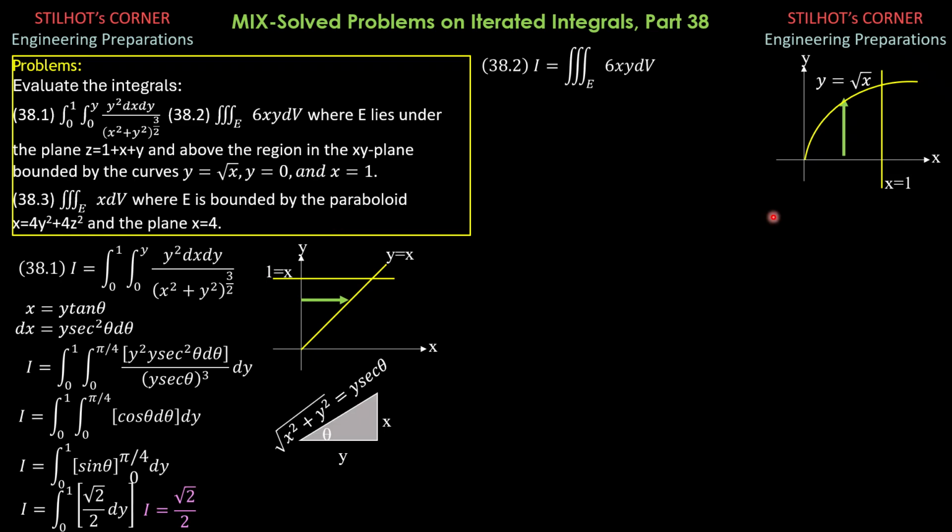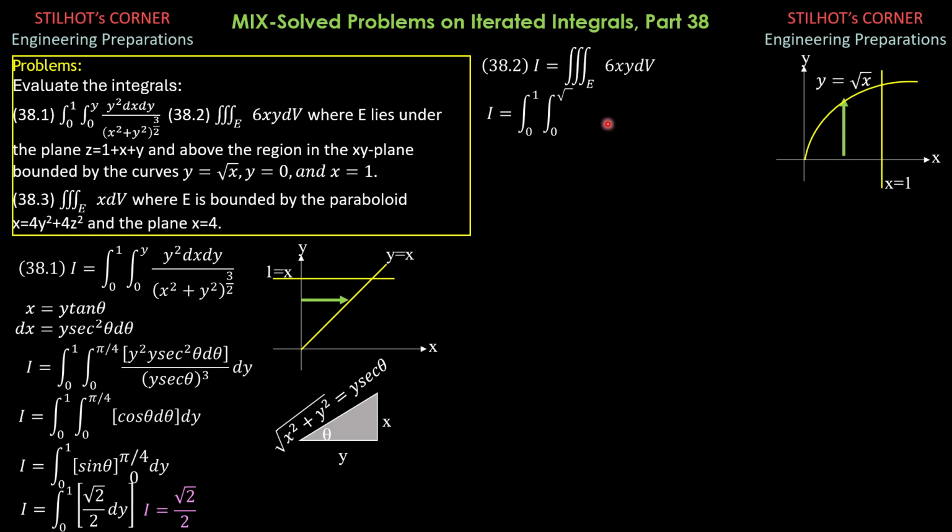So we have y equals square root of x, this parabola here open to the right, vertex at the origin, then x is 1, which is this, and y is 0 is the x-axis. So this is the region being bounded by, and this is our vertical strip, because we make x the final variable, so 0 to 1 would be the limits for x.